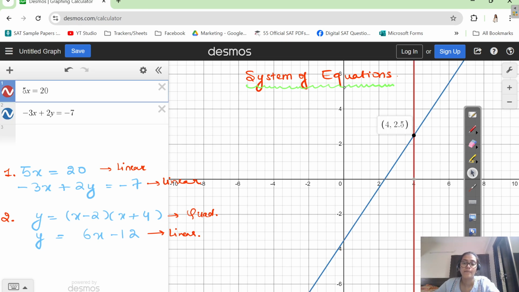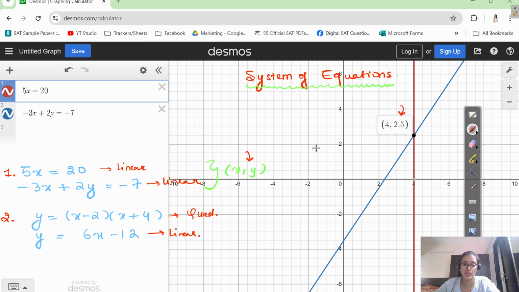Now depending on the question, you can select your answers. In the question, they could be asking that if (x, y) is the ordered pair which satisfies this system of equations, then what is the value of y? So the ordered pair which satisfies this system is (4, 2.5), which is the solution, and the value of y is 2.5.